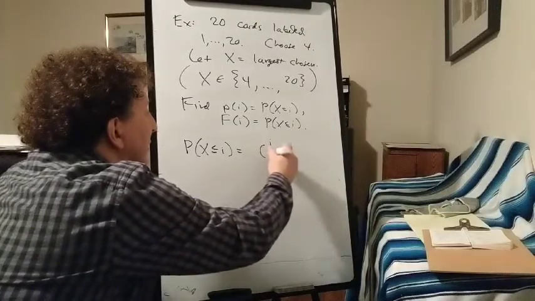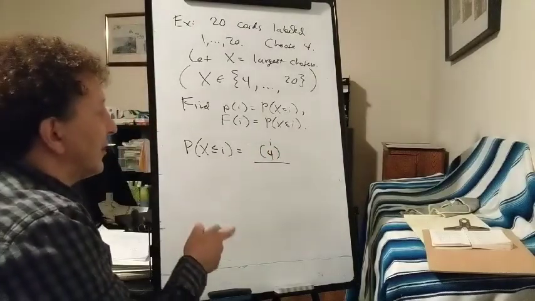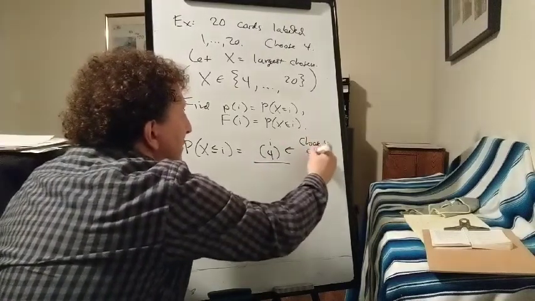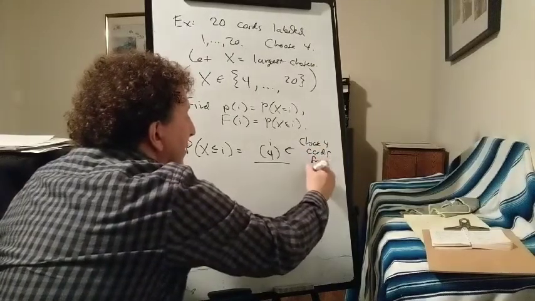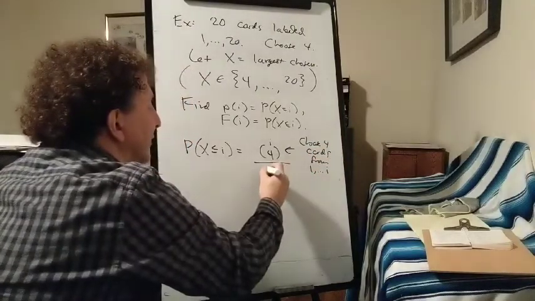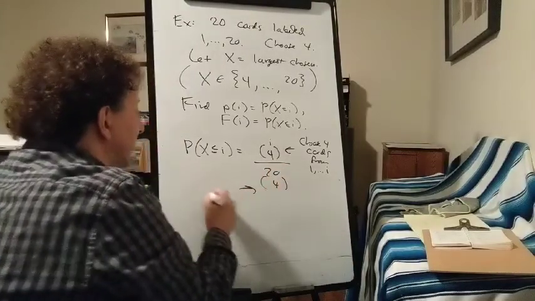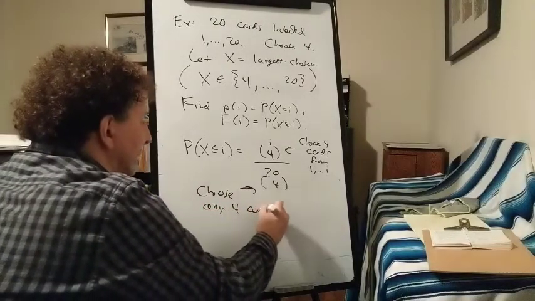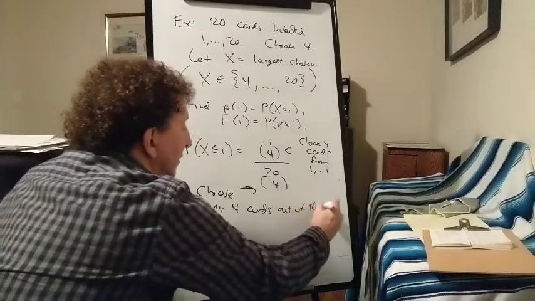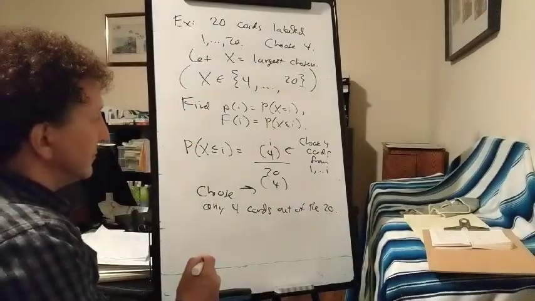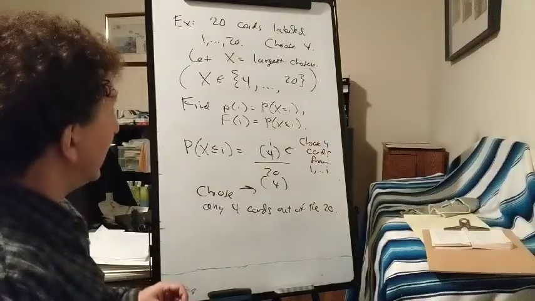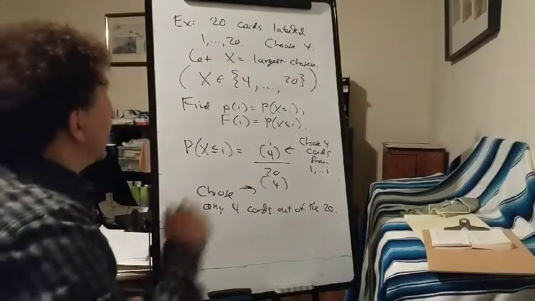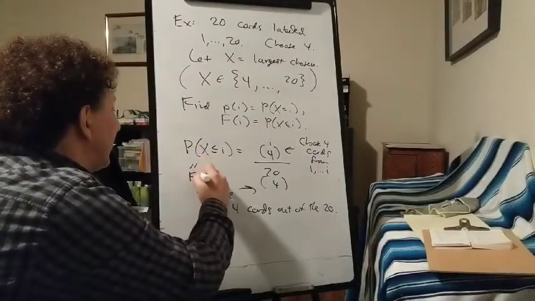So we'll choose 4 cards from 1 through i. And then divided by 20 choose 4. And this will be the number of ways to choose any 4 cards out of the 20. So that's a formula for our cumulative distribution function, the probability that X is less than or equal to i, or as we wrote it before, capital F of i.